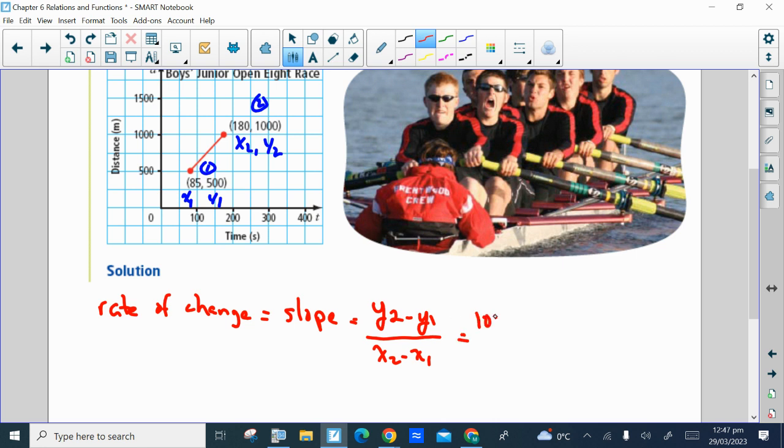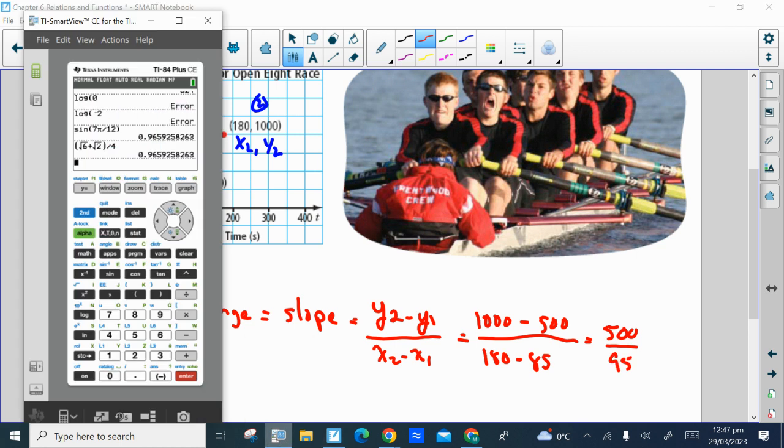So y2 minus y1 would be 1,000 take away 500 over x2 minus x1, which is 180 take away 85. So that gives us 500 over 95. I think 180 minus 85, yes, is 95.